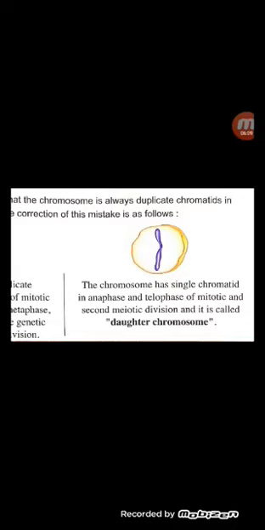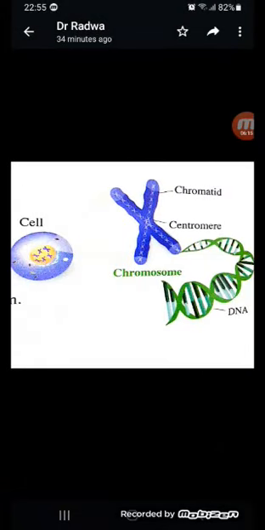Now, what is meant by the word chromosome? The word can be divided into two terms. Chromo means colored, some means body. So the word chromosome means colored or stained body.